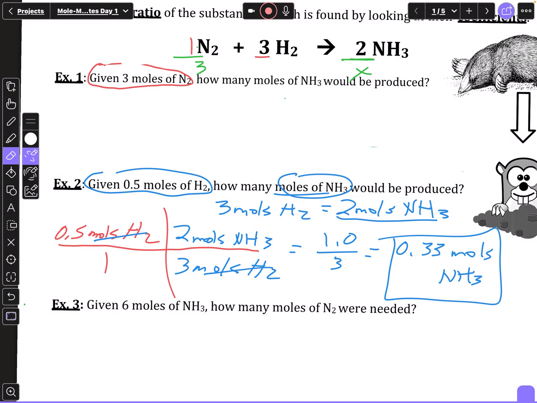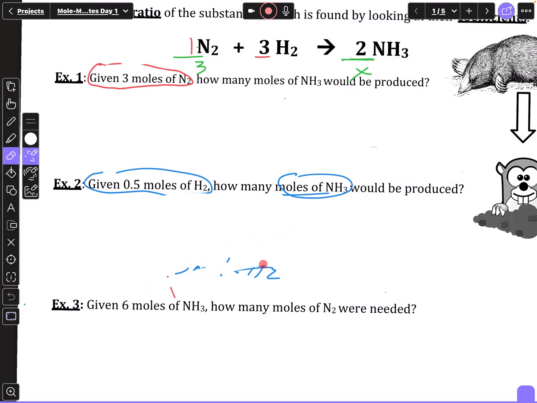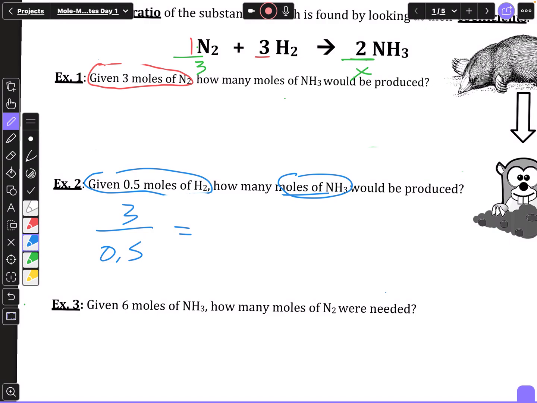Now, I can also work it the other way. So if I'm given 0.5 moles of H2, I put that underneath the coefficient that's in the balanced equation. The coefficient in the balanced equation for H2 is 3. I put the 0.5 under that. That equals, what's the coefficient? I'm looking for moles of NH3. The coefficient for moles of NH3 is 2 in the balanced equation. I put that over x.